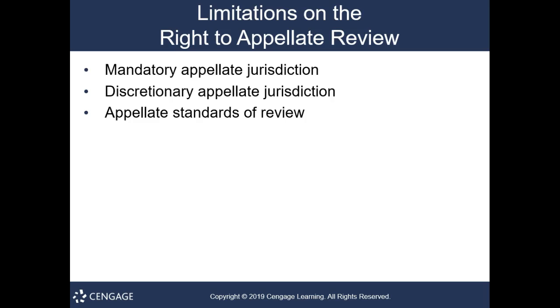All right, let's look at the appellate standards of review. There are different amounts of deference that appellate courts will give to the decision of a judge, a jury, or administrative agency, and that is what we call the standards of review.